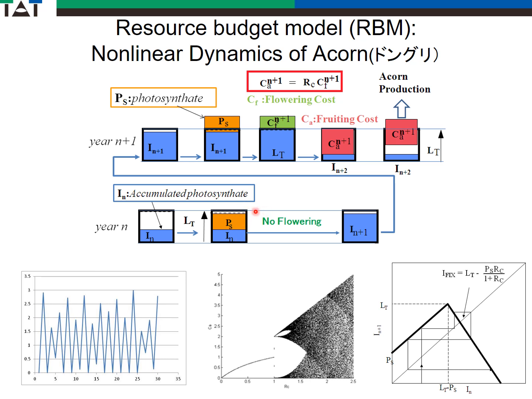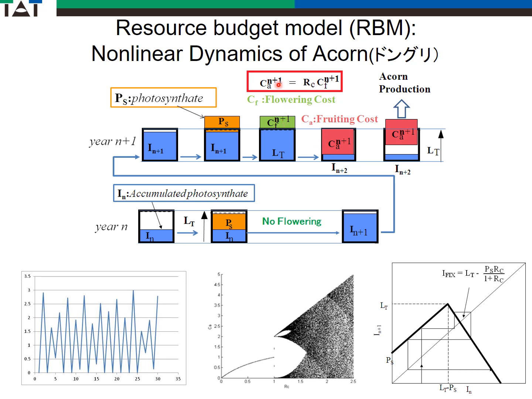There is no overflow. It means no flowering. Then this amount of the energy transfer to the next years. In the next year, same amount of the PS were added on the pool. Therefore, this green part used for the flowering.